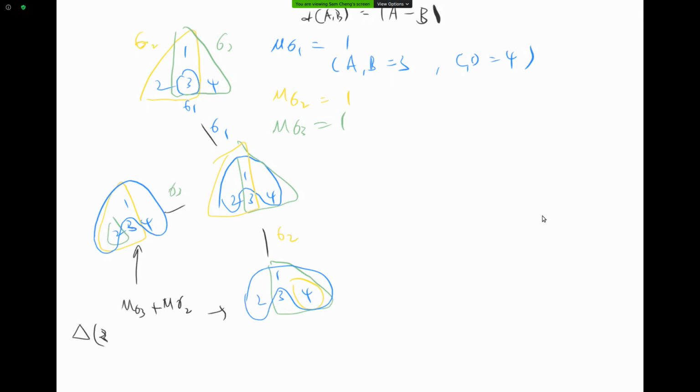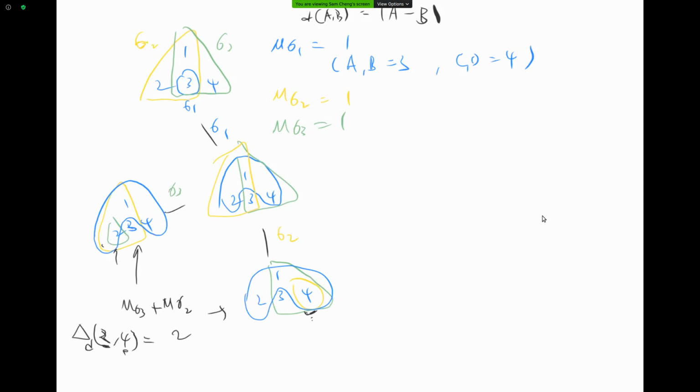Because this node can also be represented by its support. The support of this node is the intersection of all the subsets that have 2 here, so therefore it has a 2 here. And for this guy, the intersection with this is 4 here, so I have 4 here. So the distance delta d(2,4) will be just equal to mu sigma 3 plus mu sigma 2, so therefore it's equal to 2 here.